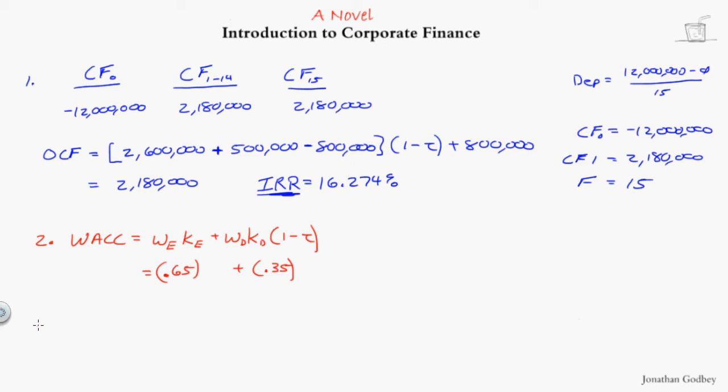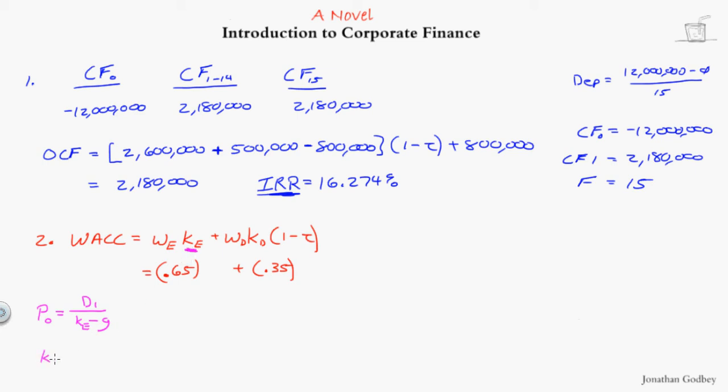I can go to part C. I remember from chapter 7 that the price of a stock is equal to the dividend the next year divided by K minus G. If that stock has constant growth, that K is the cost of equity that we find right here.